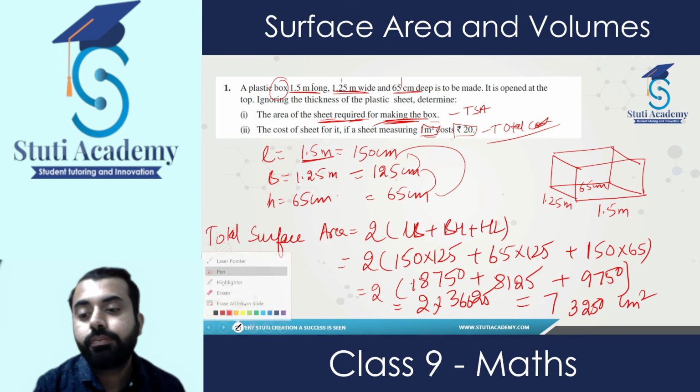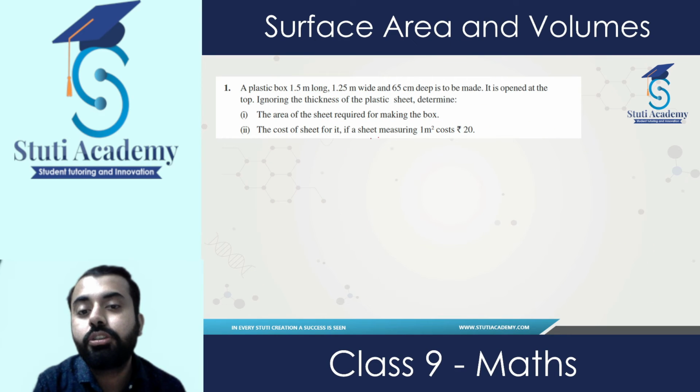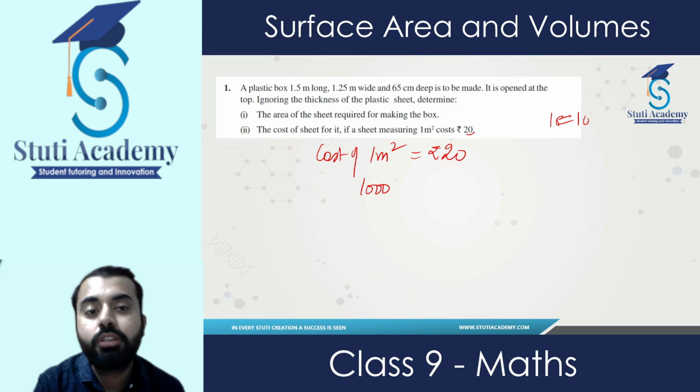Now you see, it is given to me that the cost of 1 meter square is 20. That means 1 meter square has what? 1 meter equals 100 centimeter.